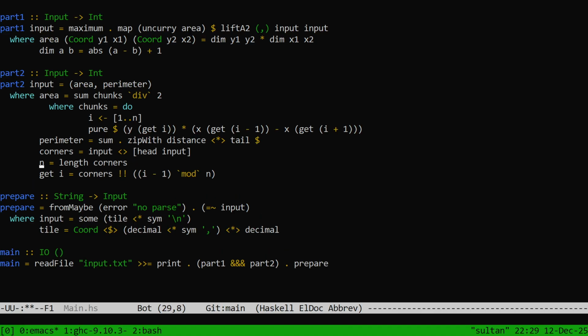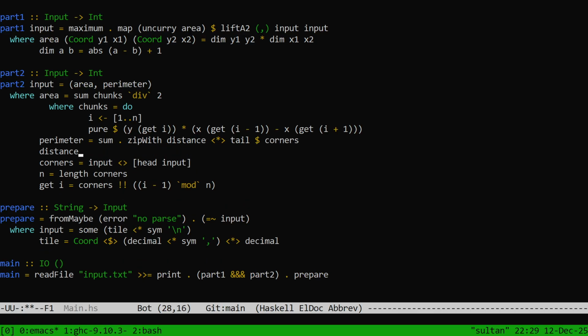I need it because, yeah, that's how I define n. Distance of chord y1, x1, chord y2, x2 is... I think I can just add together... I can subtract y's, and that might be 0 or it might be a number, and the same thing for x's, and just add them together.